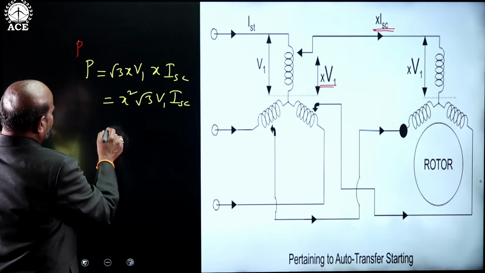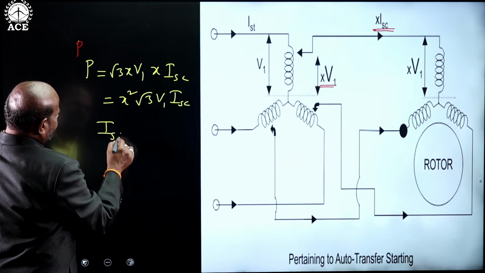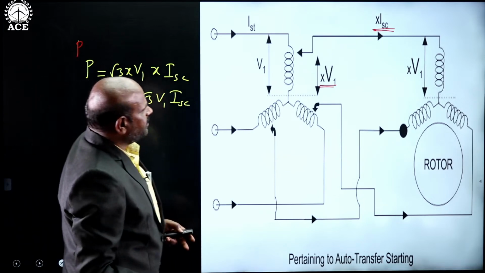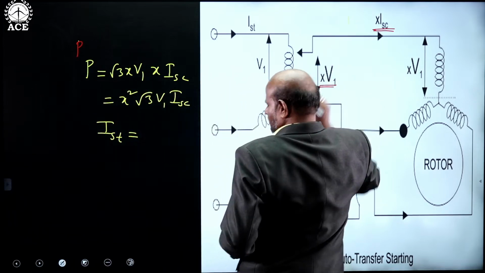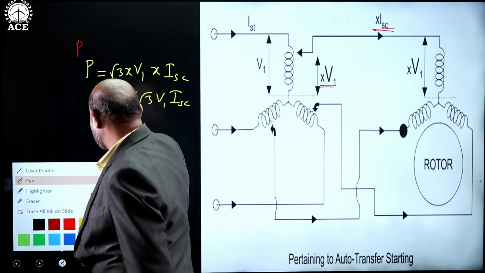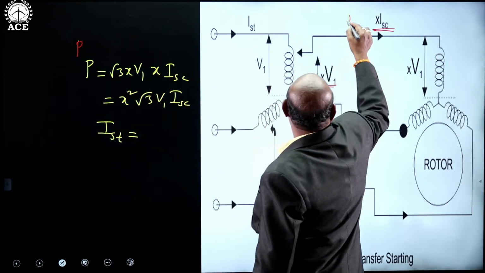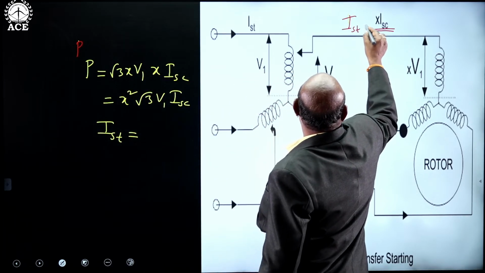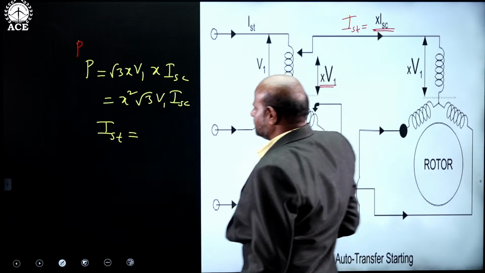Then what is the starting current here? Starting current is nothing but X times ISC.